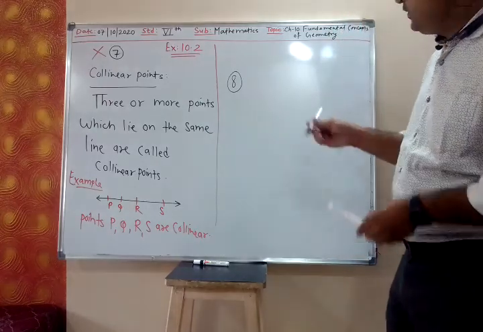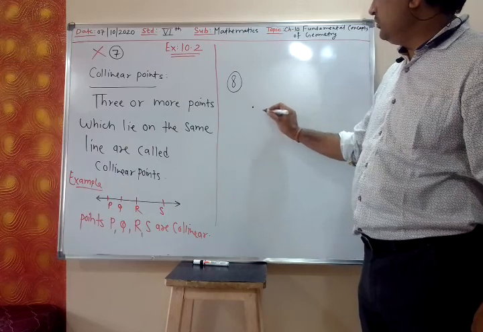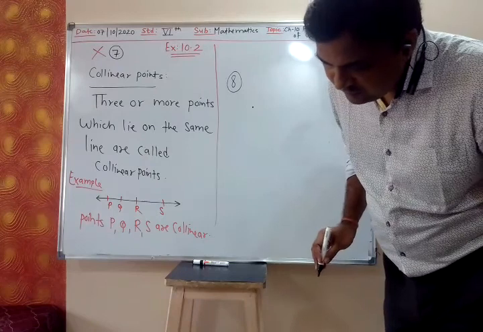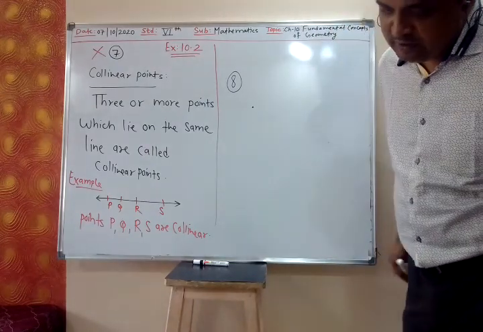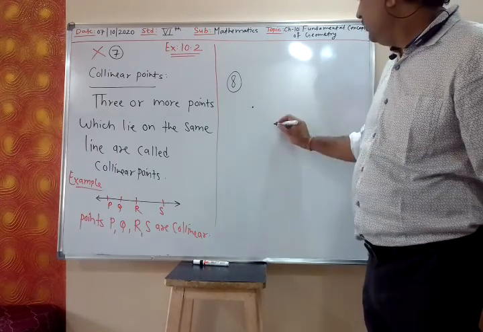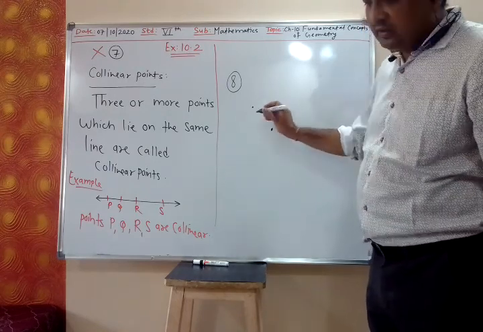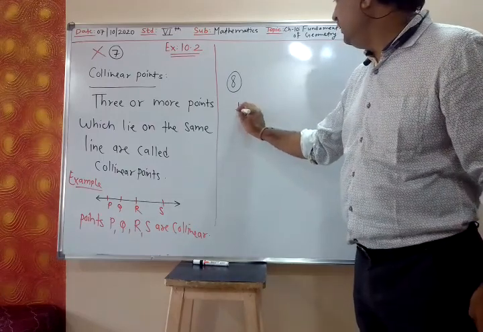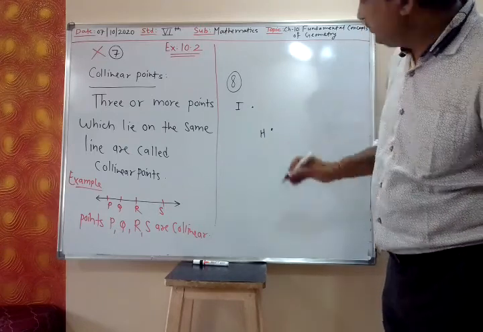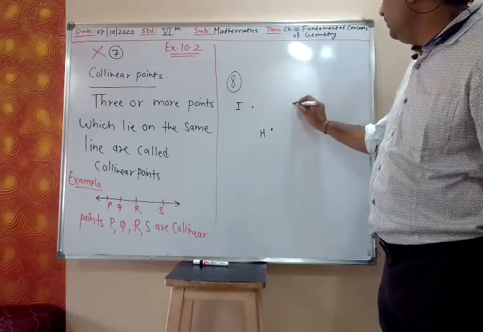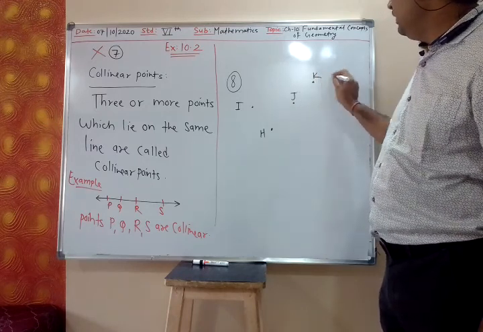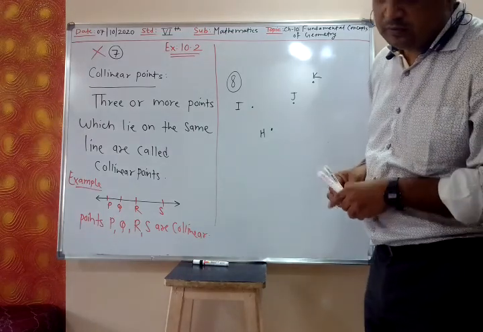We are given the points. See, in the textbook only you join the points. Example, you write for collinear points. Join this. I, H, then join them, J. Pen or pencil, both you can use.